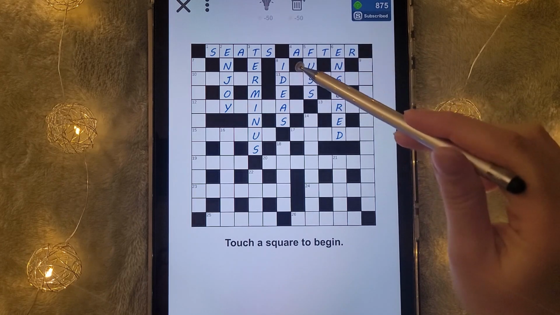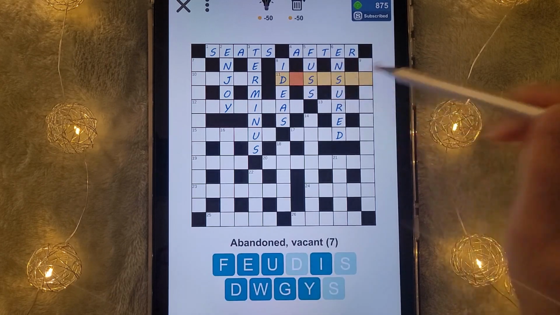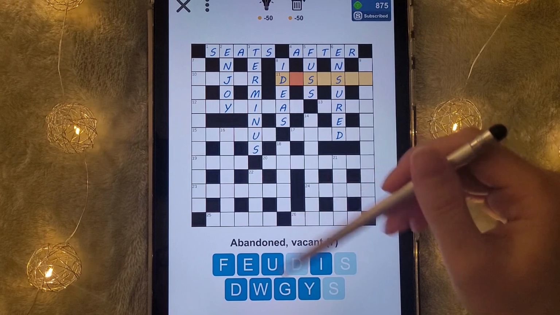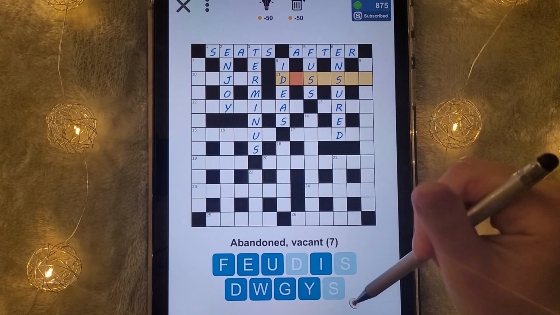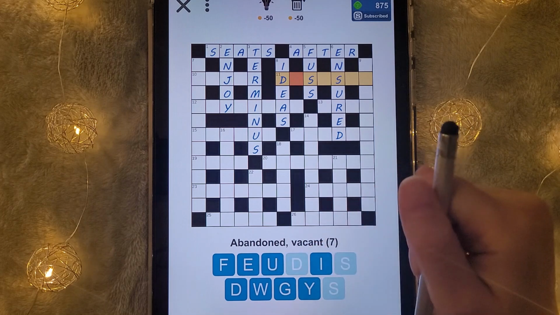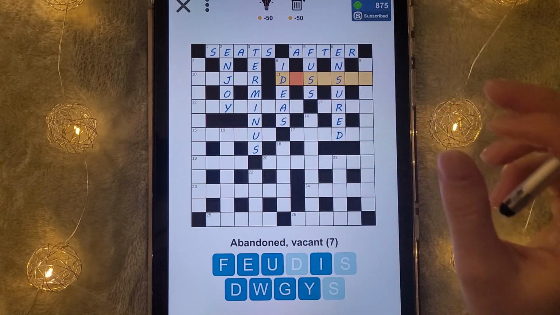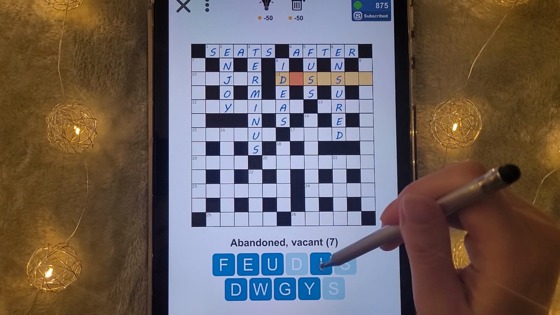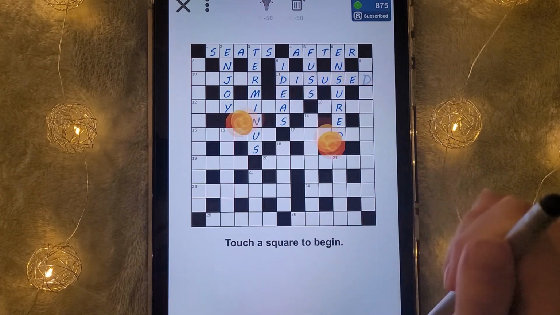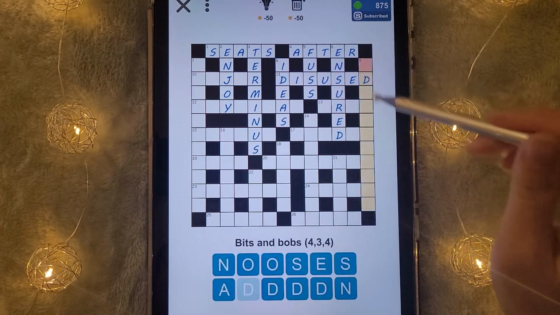11 across. Kind of skipped 9 and 10, I guess. Abandon, vacant. Disused. There we go. Let's do 9 down.